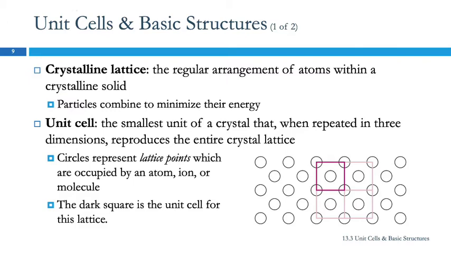I think it's more instinctual to not be chopping all the circles into pieces. But this is the smallest square that you can repeat and get the overall pattern. So that's what we're calling the unit cell. These circles represent the lattice points, which would be occupied by the atom, ion, or molecule. Any questions yet?